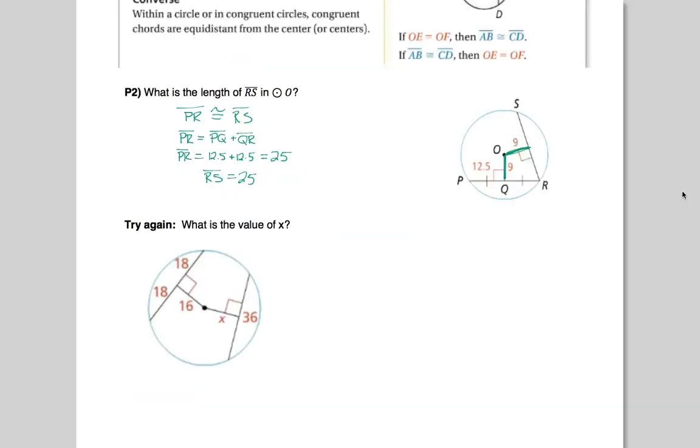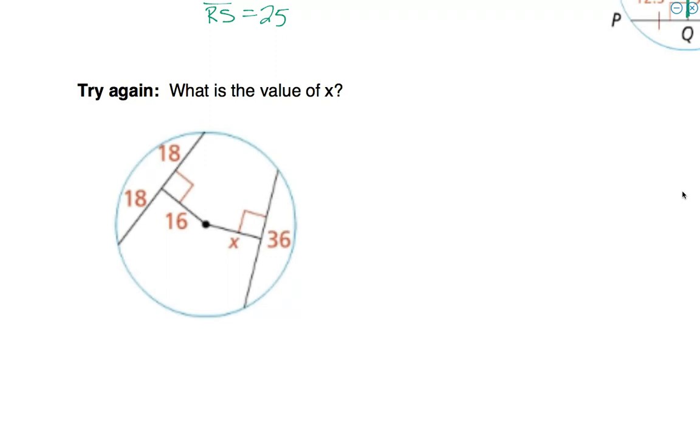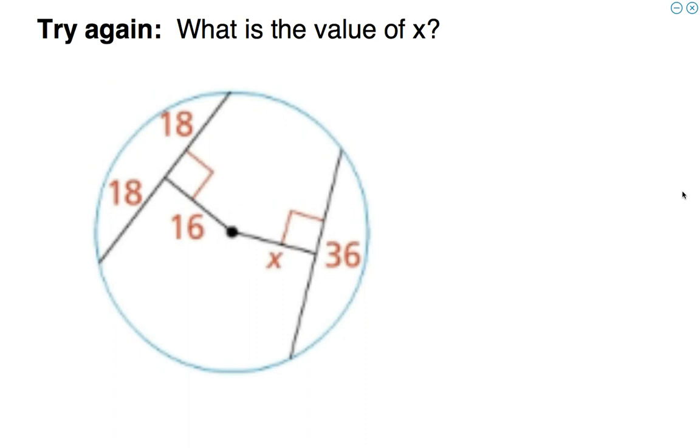Looking at the next one, what is the value of X? Pause it right here, see if you can do that by yourself. But what we should be looking at is, since this chord is 36 and this chord is 36, it means that they are both the same distance away from the center.